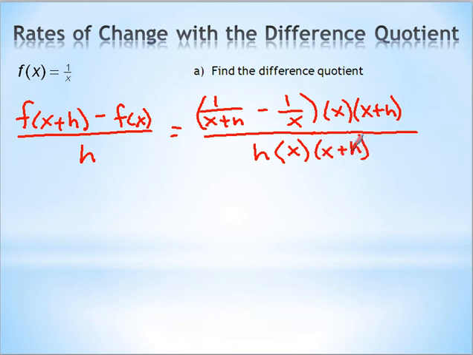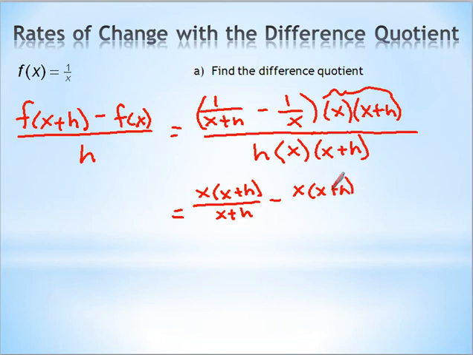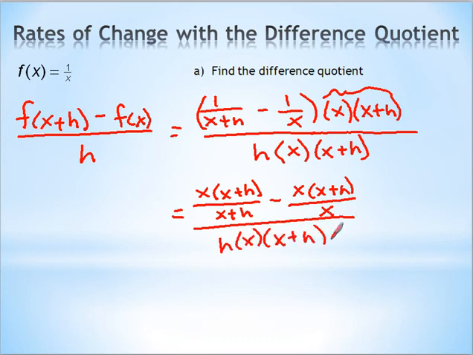Now in the numerator I'm going to distribute both of these multiplies to both terms inside the quantity, and what I'm going to end up with is x times x plus h divided by x plus h minus x times x plus h divided by x, and all of this is over h times x plus h.